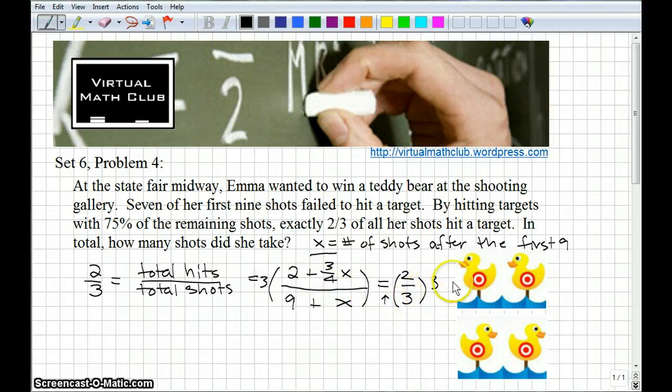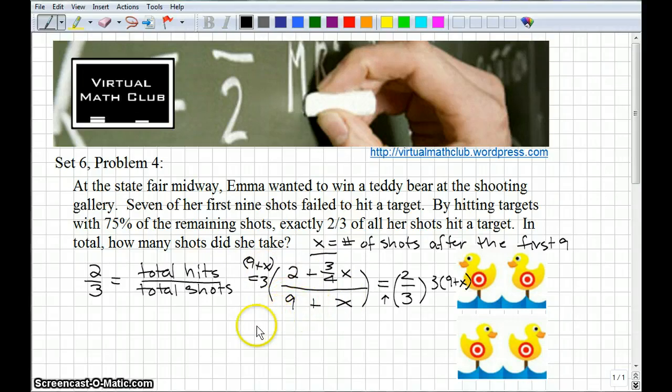But multiplying both sides by 3 gets this 3 off the bottom. Okay? I'm also going to multiply both sides by 9 plus x. And if I do that over here, it gets a little messy. I'm going to multiply both sides also by 9 plus x. And that gets this 9 plus x over here off the bottom.